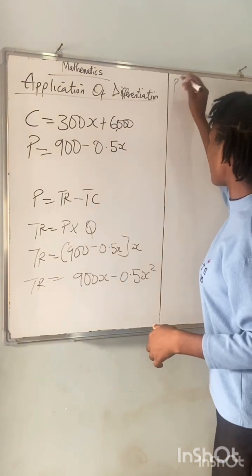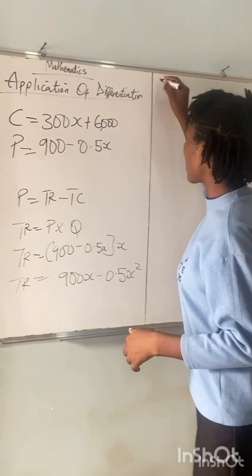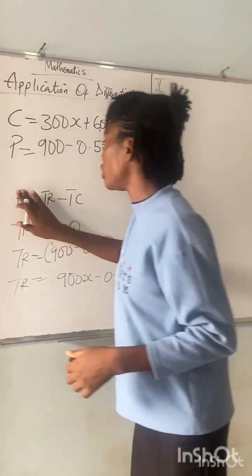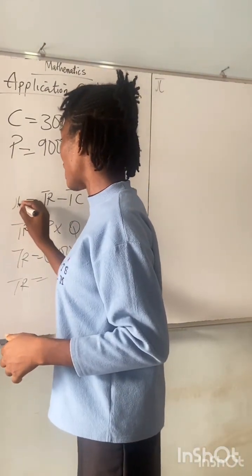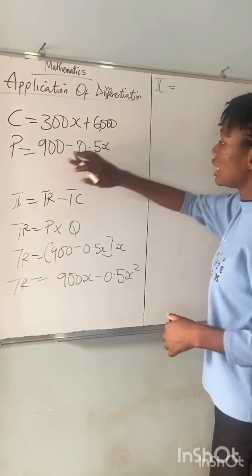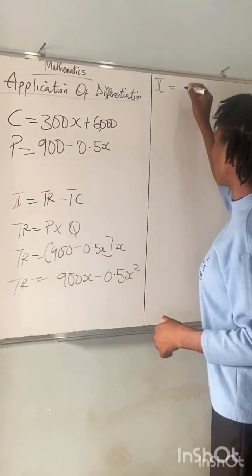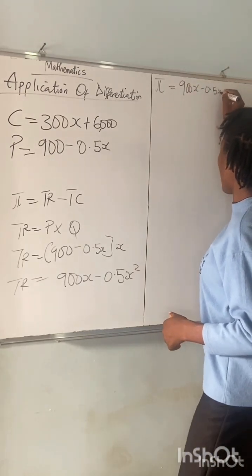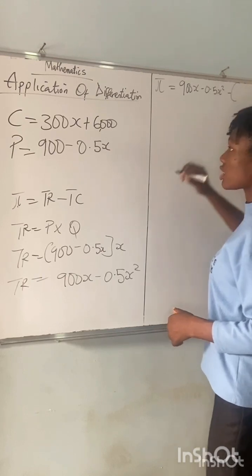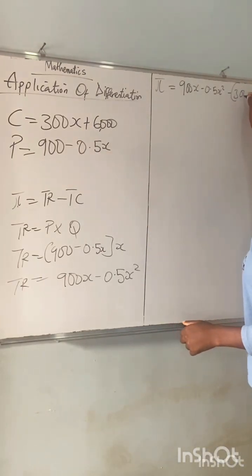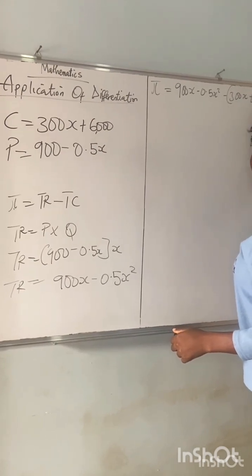Our profit, you can use P or you can use the pi sign. Because of the price, to differentiate, I'll be using pi to represent profit. Now our profit can be expressed as total revenue, which is 900x - 0.5x squared, minus our cost, (300x + 6,000).